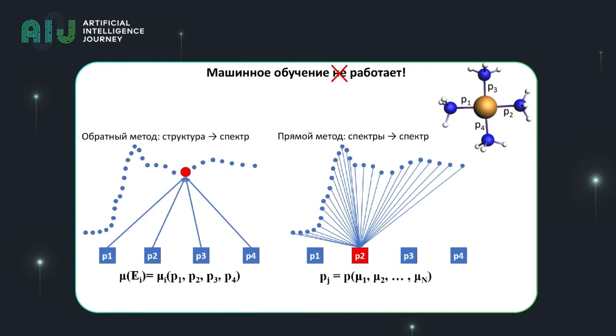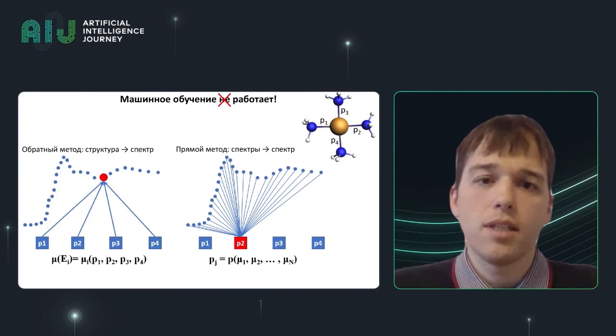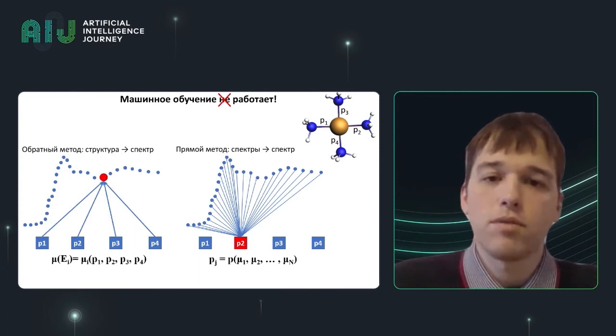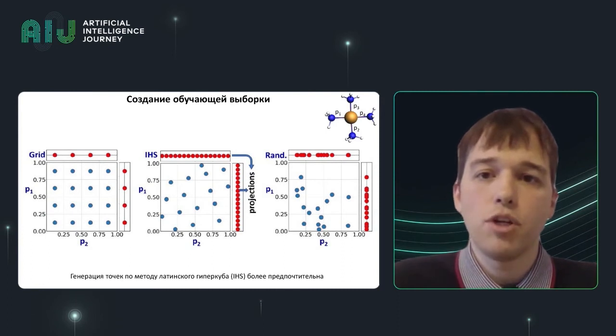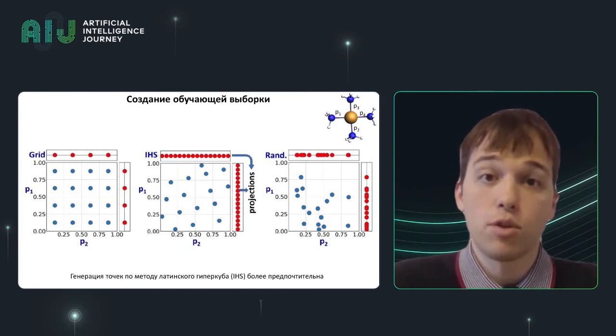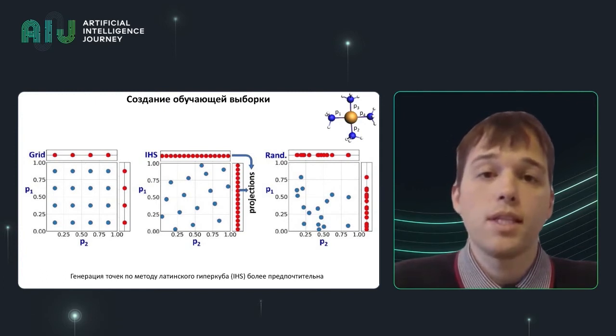The other approach, a direct method, the more classical one, is when with all the points on the graph we predict the parameters, but usually we do it step by step. To create the training data set, we generate the points.